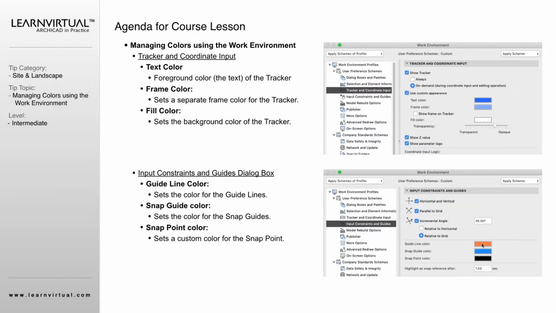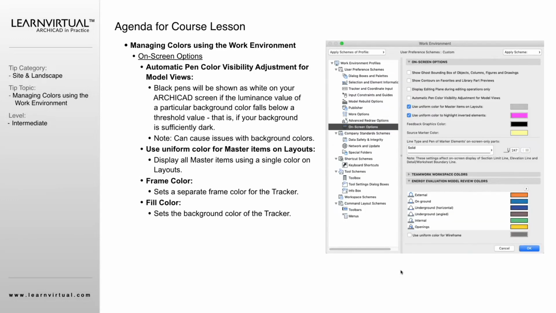And so we changed that to an orange because it stood out from everything else that was on the page so that it was easier for her to see as she was hovering over an element. So that's where I'm saying that this is customized to you. You can't see that blue line, change it to an orange line, change it to a red line, something that's going to stand out a little bit better to you.